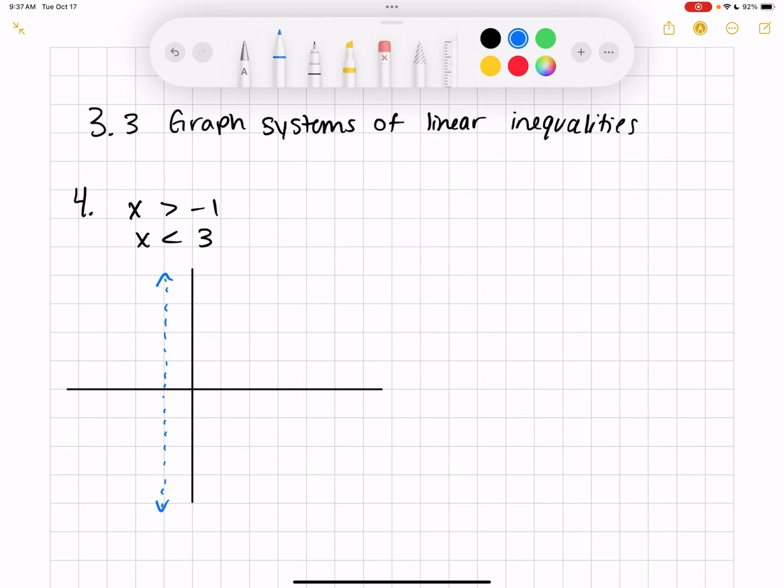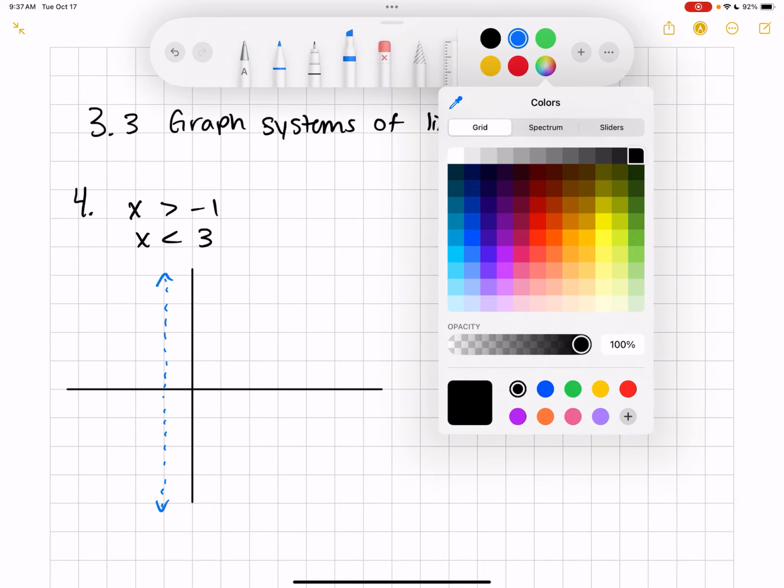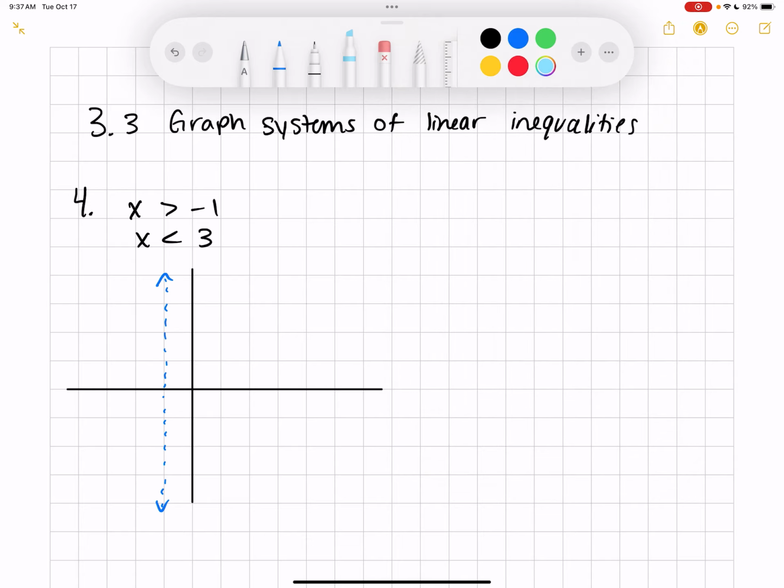And it's shaded which direction? Over here? Okay, so it's shaded this way. Now the other one, x is less than 3, where's that?